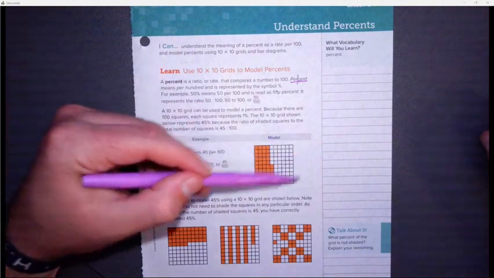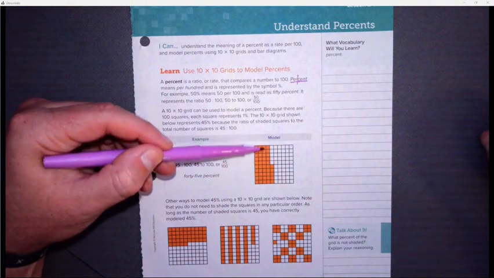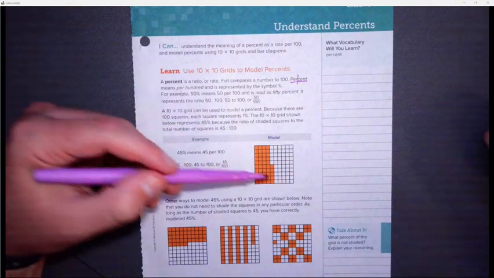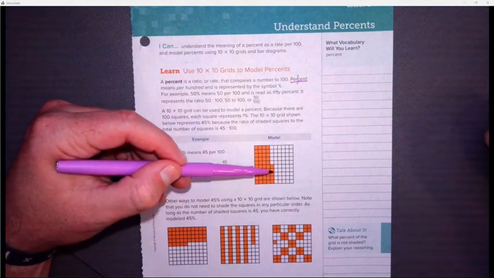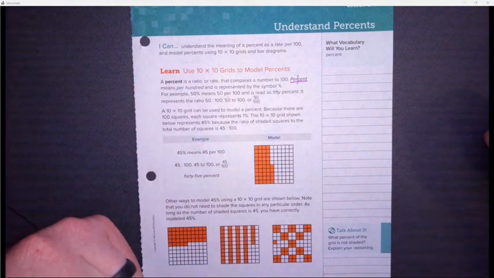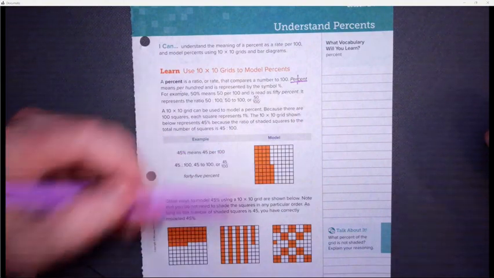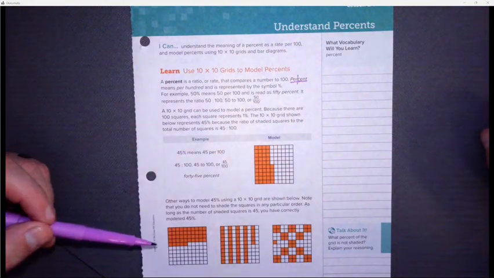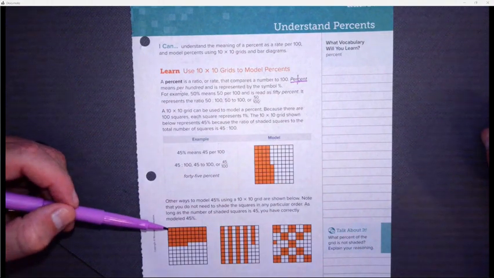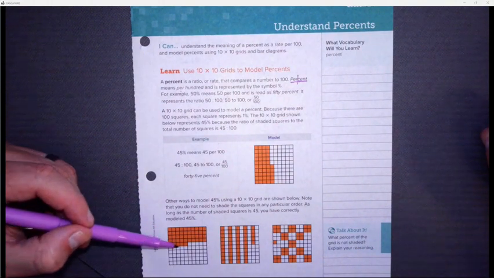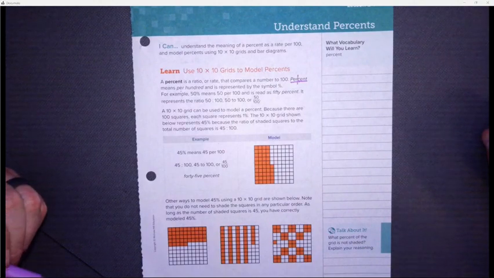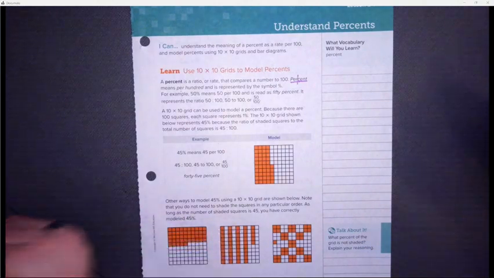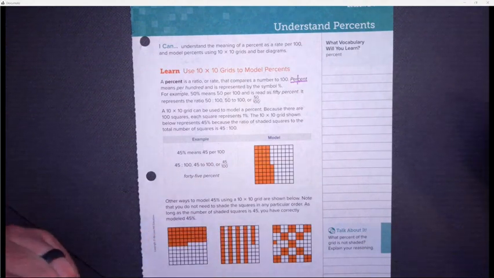So we see in this model we have 4 full columns shaded, so we know that's 40, and then we have 1, 2, 3, 4, 5 extra in the next row, so it's 45% represented by this 10 by 10 grid. We could also do the 10 by 10 grid by doing 4 rows and 5 extra for 45. We see here they have 4 columns, they're just spaced out, and then they have 5 for 45.